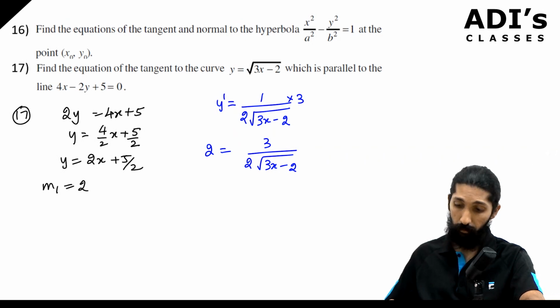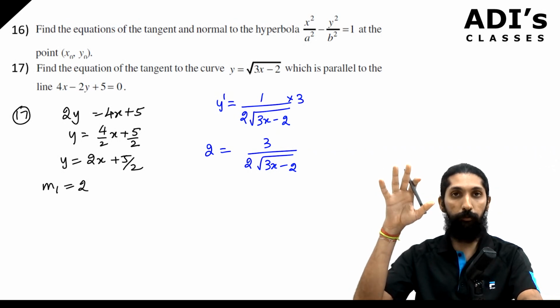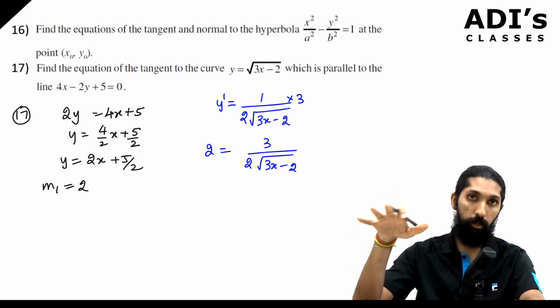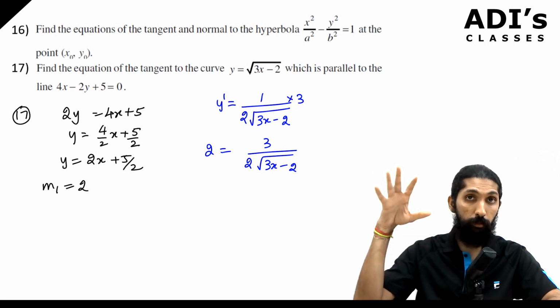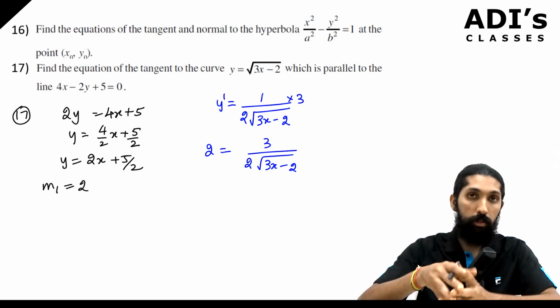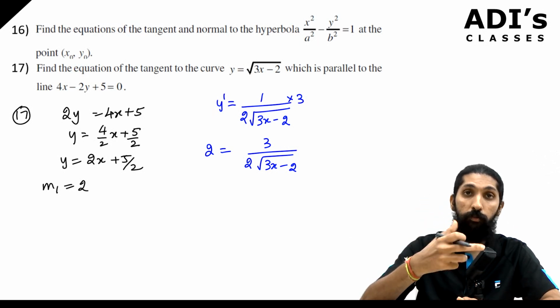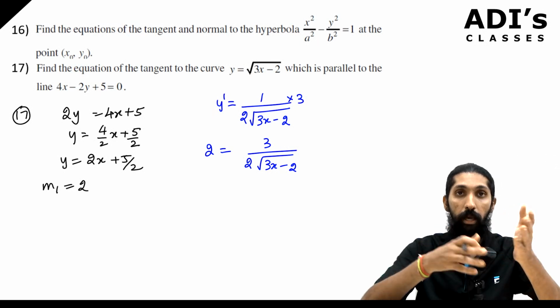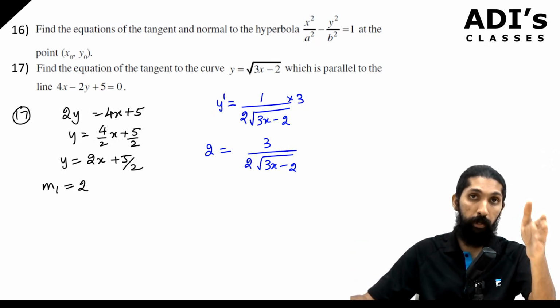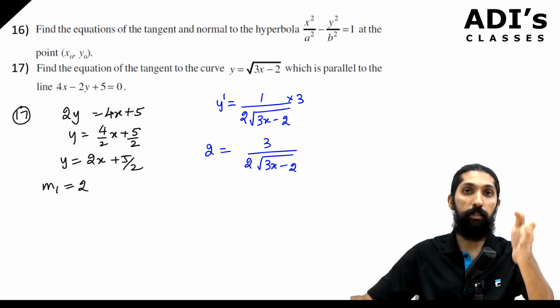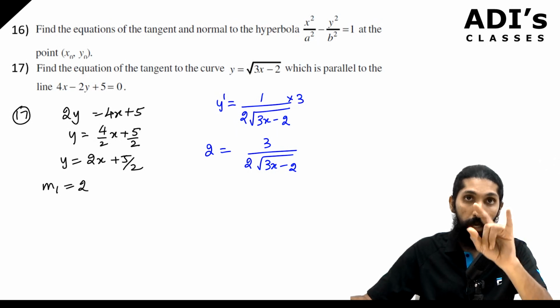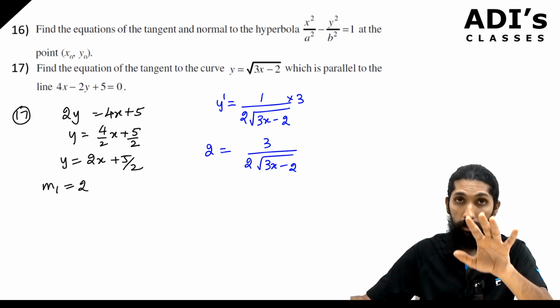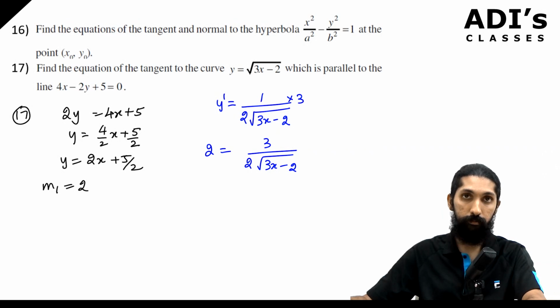Now, the whole point of what we are doing right now is to figure out the value of x and the value of y. The objective of the question is that you already know the slope. You need the points to form the line, because y minus y1 is m into x minus x1. m is already known. x1, y1 are unknown, and you're trying to calculate x1 and y1.